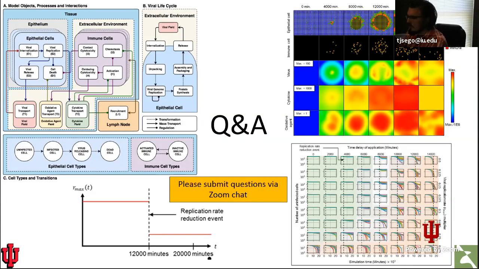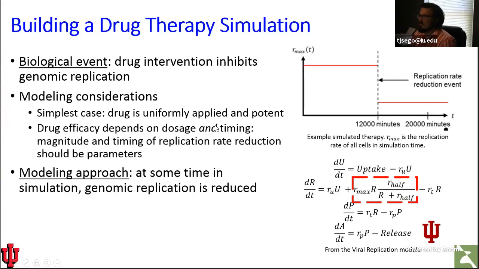All right, let's go ahead and get started into the code. So the way I'd like to start today is by building our drug therapy simulation. This is actually not a standard feature in the simulation framework, but rather a scenario that we added in after we built the general framework.